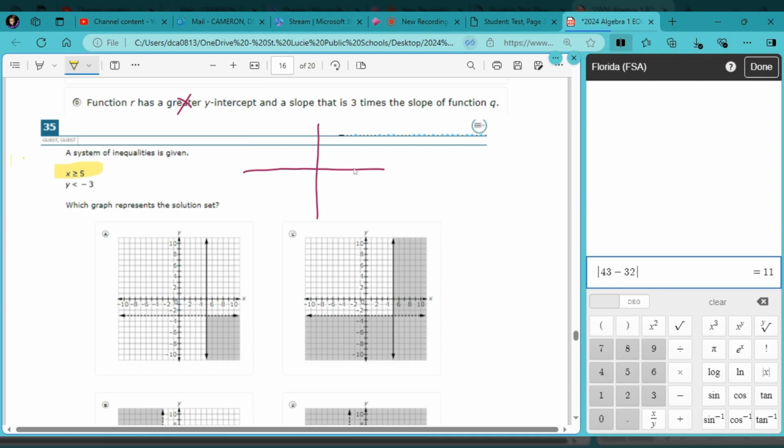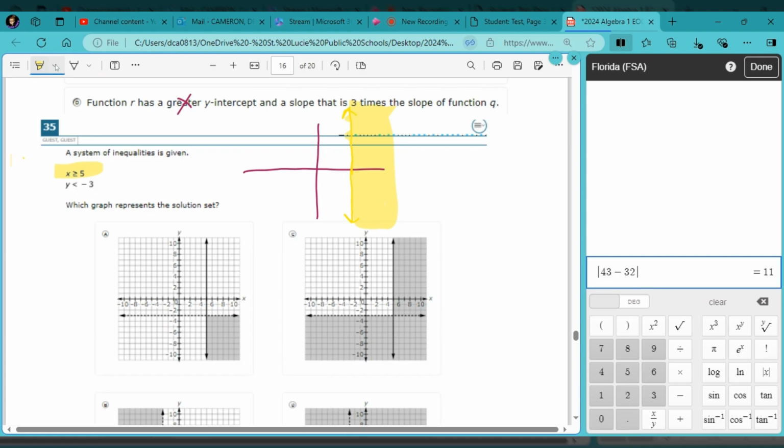I'm going to find where X is 5, and that's about over here. X is always 5. Solid line, because we have the line underneath it. X is greater than or equal to 5, so I would shade in this direction for that inequality.